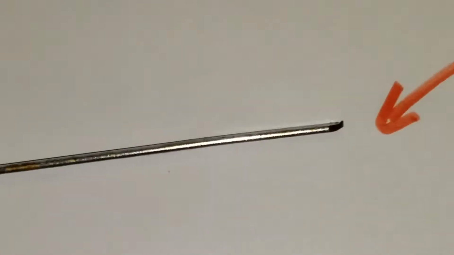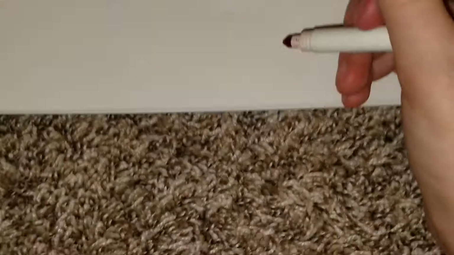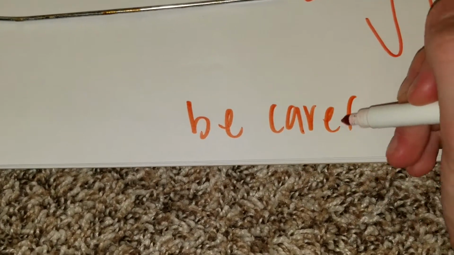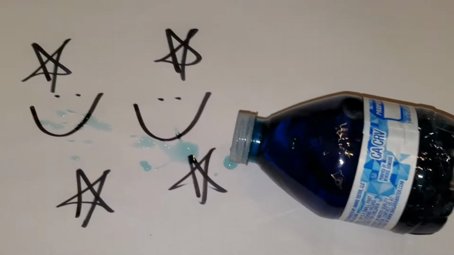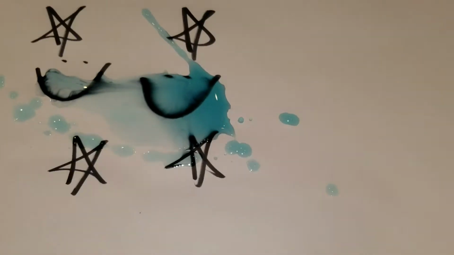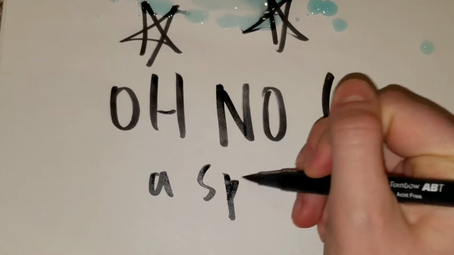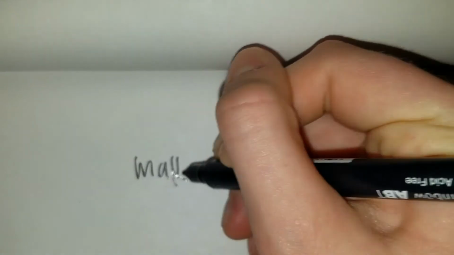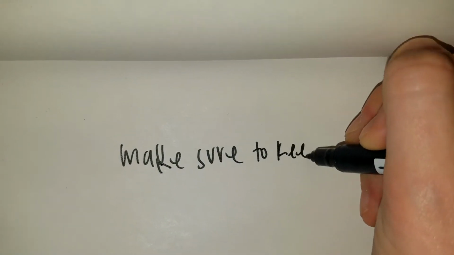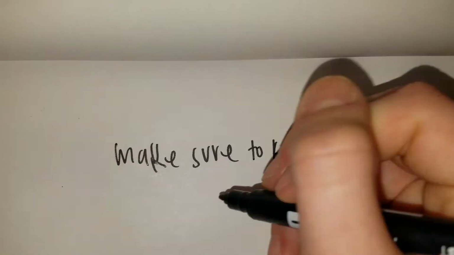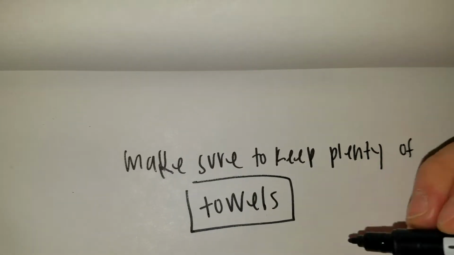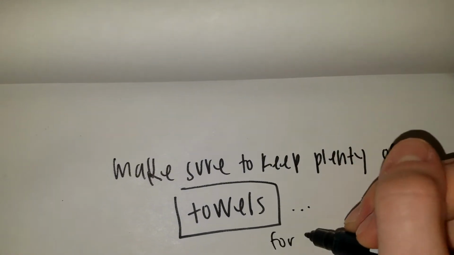So don't poke yourself with that sharp edge or whatever you're using. Be careful. Also, if you spill, like I did right then, you're just going to need to grab a towel, and you need to have these at the ready. Make sure to keep plenty of towels for spills.